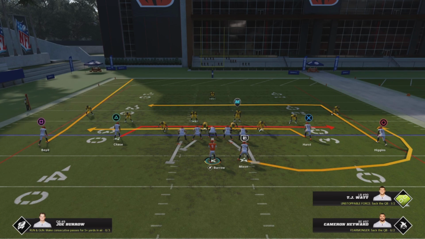How I learned it, you would have shallow horizontal routes run by the F and the Y out of the air raid, usually creating a light rub, which against man would be a good man beater. But also with the users in a head-to-head, consistently using the Mike, the middle linebacker, it makes this play more effective, as they are only bound to make the wrong read.